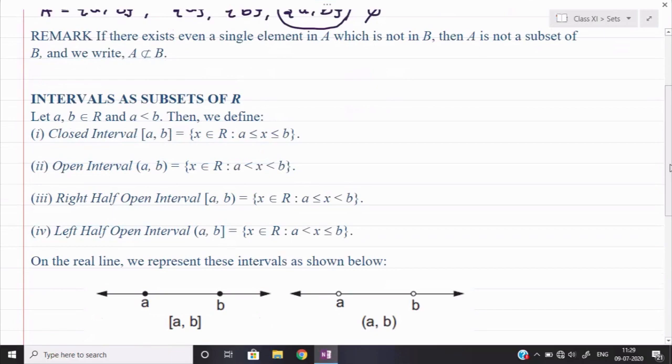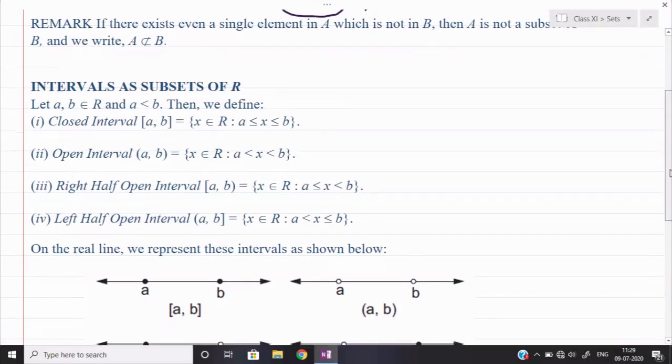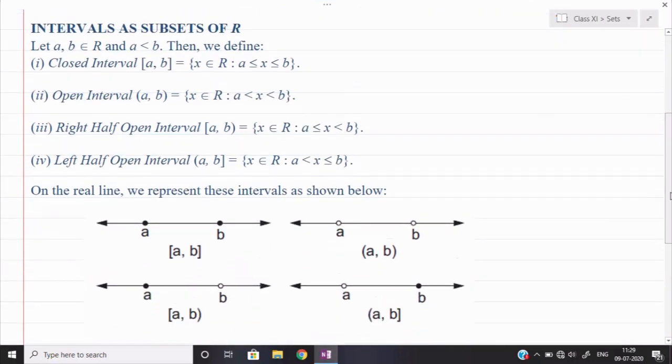Okay. Now let us see one easy concept here: interval as a subset of R. You know that in a subset we can write down the range of values. This range of values we can express in the form of an interval, using square and open brackets. Let us see how we can express it. For example, suppose I have one set, A is equal to, I will write in the language form, then it will be more clear to you.